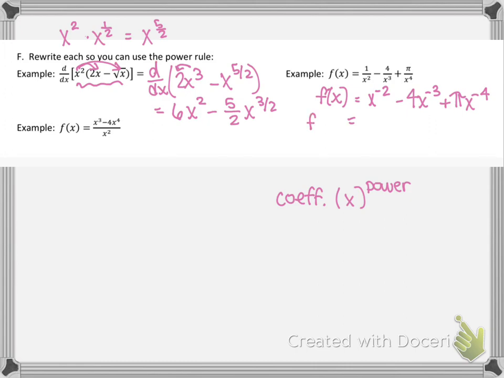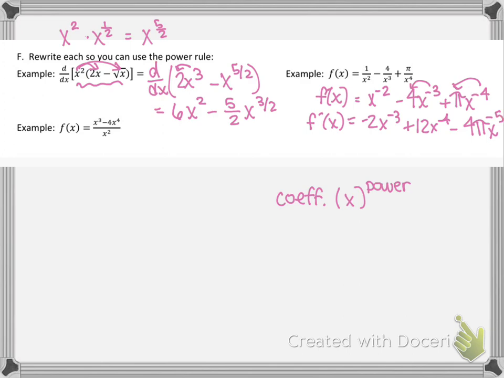So we're going to label this now f prime of x, bring the power to the front, subtract 1 from the power. Next term, bring the power to the front and multiply to the coefficient, subtract 1 from the power. And lastly, multiply the power to the coefficient and subtract 1.